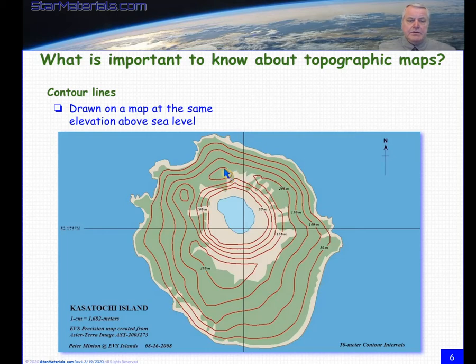And even though these two are different areas, we can calculate the difference in height of this area as opposed to this one. This one, let's see, this contour line is 150. So the next one's 200.